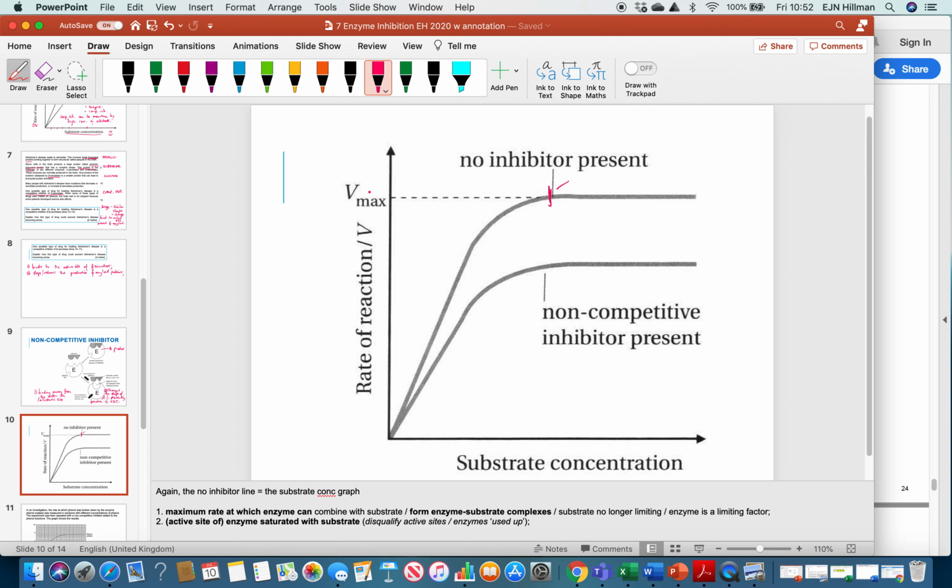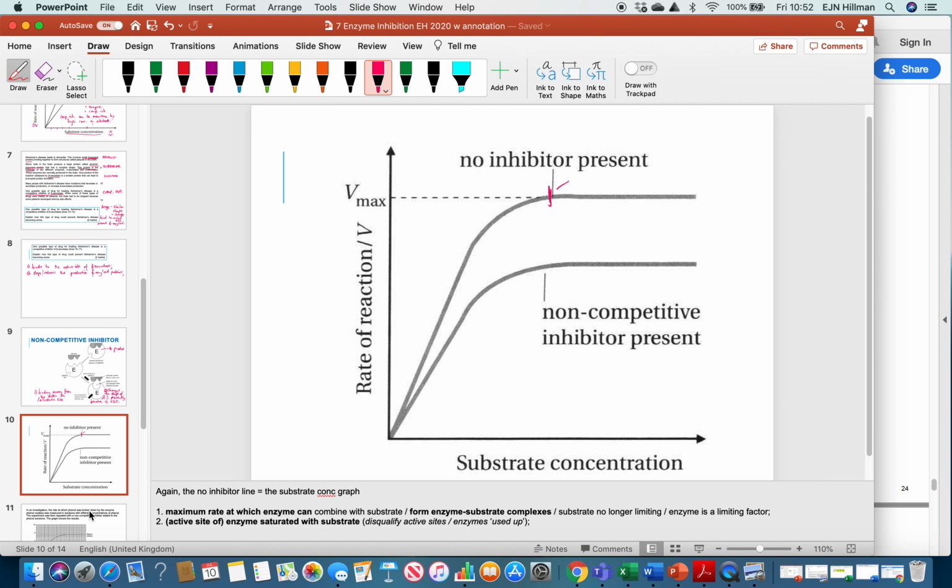That same rate of reaction, that same maximum rate, cannot be achieved when the non-competitive inhibitor is present. So non-competitive inhibitors cannot be overcome by increasing the substrate concentration.